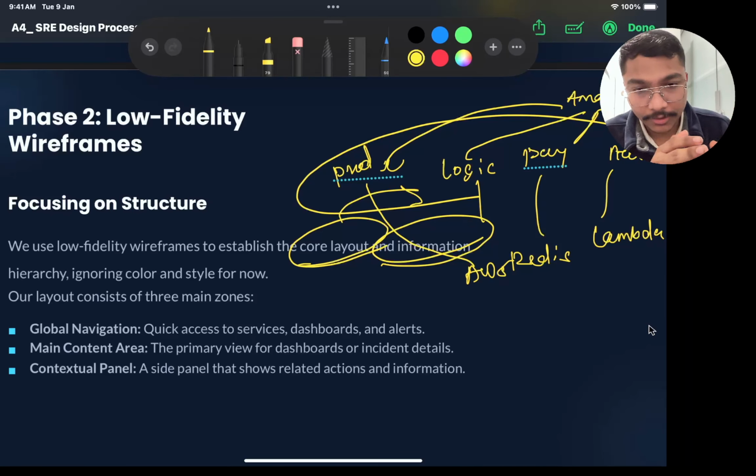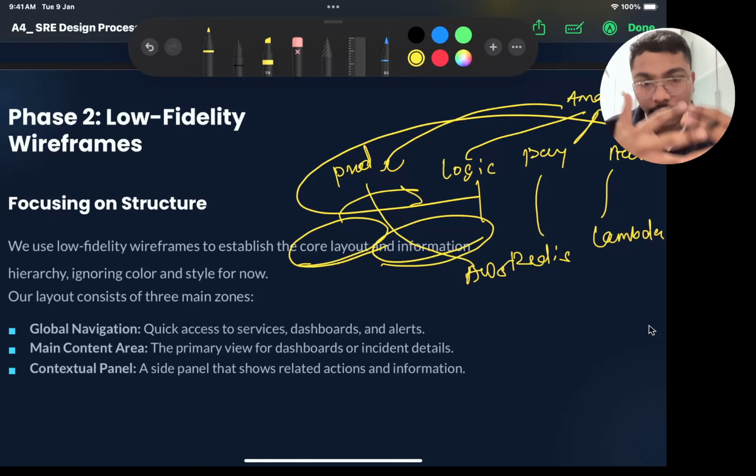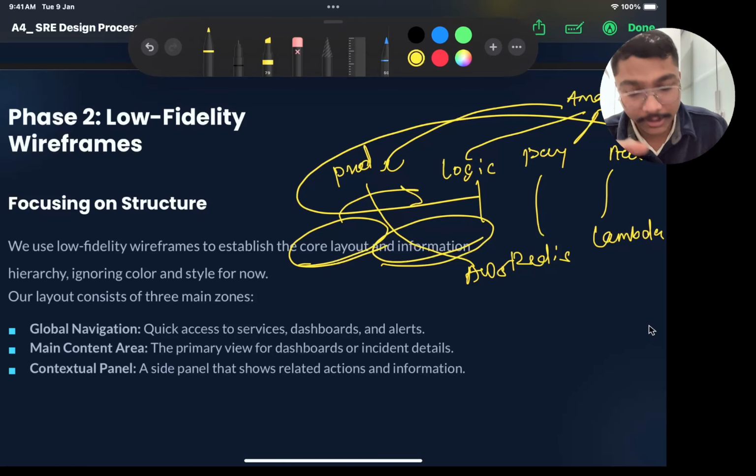In simple terms, you can call it, on a very granular level, the tech stack or the microservices which I have implemented, how I am integrating all those together and how they are working together. That's the whole idea of the low fidelity wireframes, a low level design of how it is wired together.